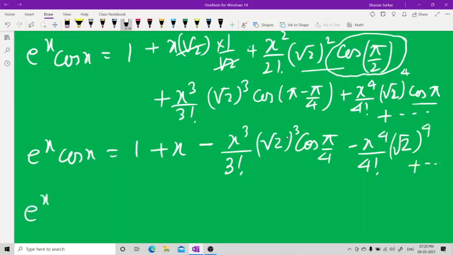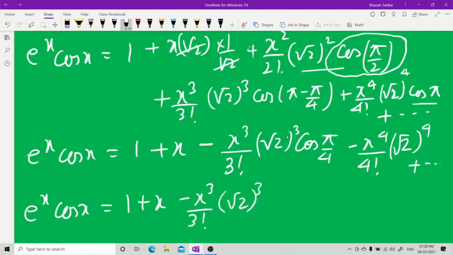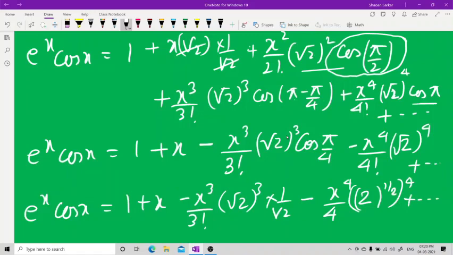So e^x cos x is equal to 1 + x − x³/3 factorial (√2)³. Cos(π/4) is 1/√2, minus x⁴/4 factorial, and this is (2^(1/2))⁴, plus dot dot dot. It goes to infinity.